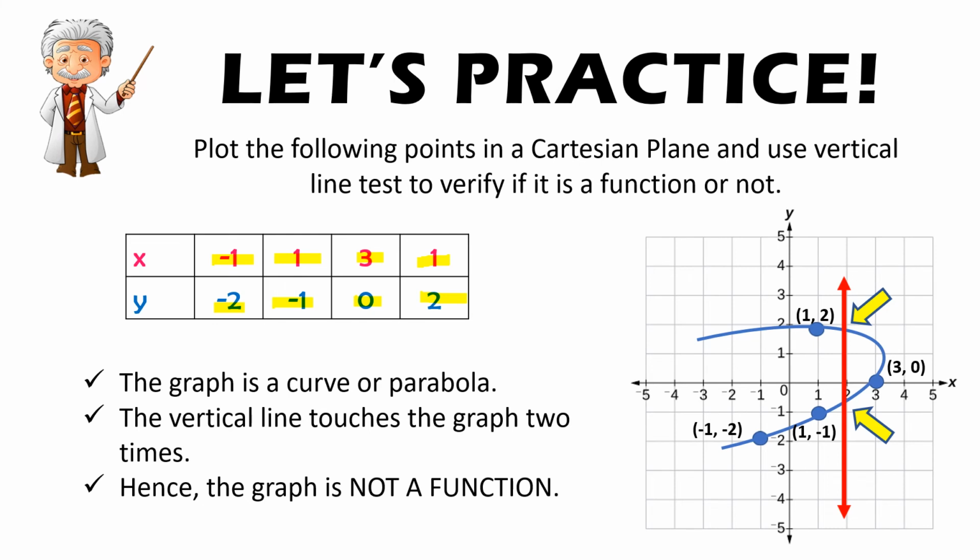Okay? Kanina, reminder ko kanina, if inuulit ang value ni x, di ba inuulit siya? O ito, si 1. Yan, si 1. Tsaka inuulit siya. So, meaning to say, the given ordered pair is not a function.